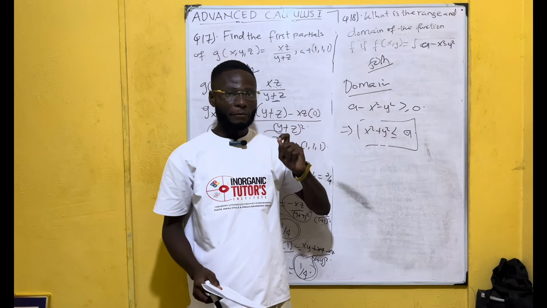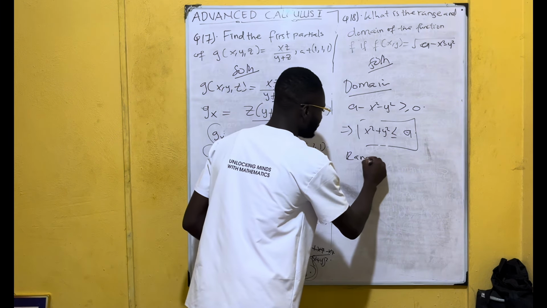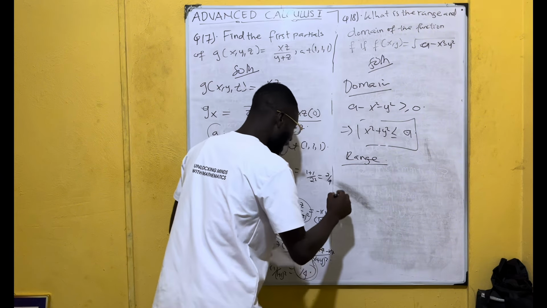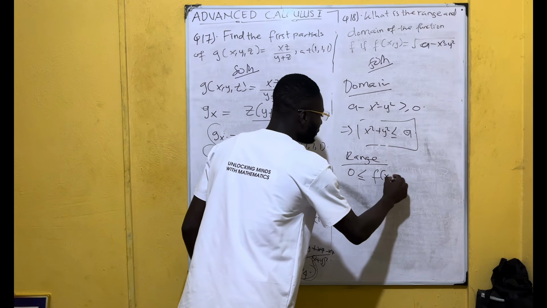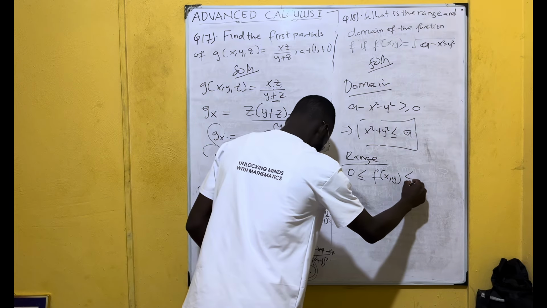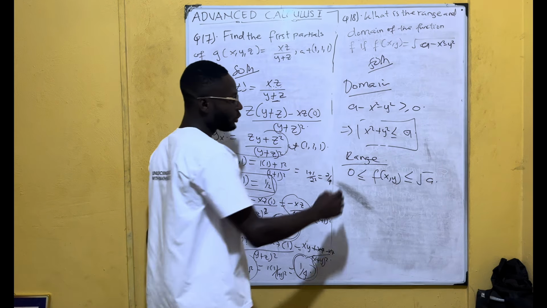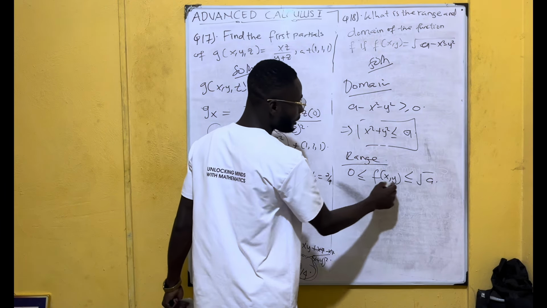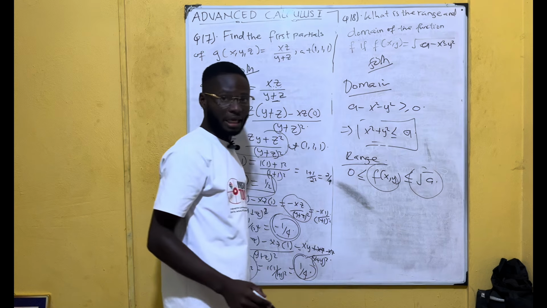So the domain for this particular function is x squared plus y squared less than or equal to a. Now let's look at the range. So our range will have to lie within the function and the radius, square root of a.